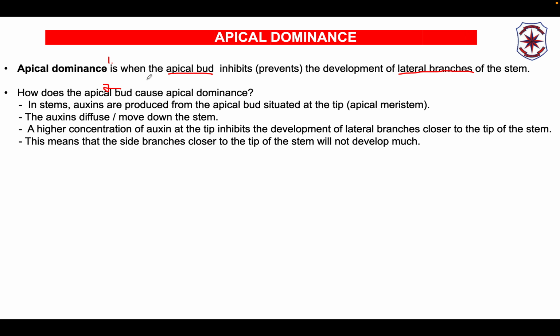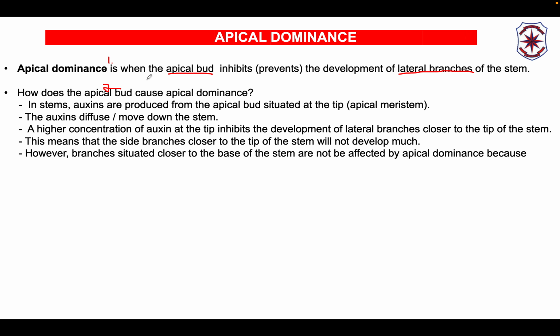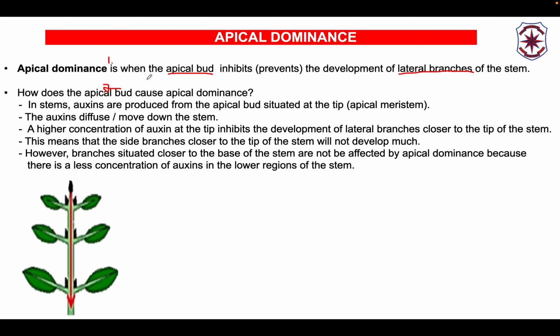This means that the side branches closer to the tip of the stem will not develop much. However, branches situated closer to the base of the stem are not affected by apical dominance because there is less concentration of auxins in the lower regions of the stem. What do we mean by all that? Let's check step by step.